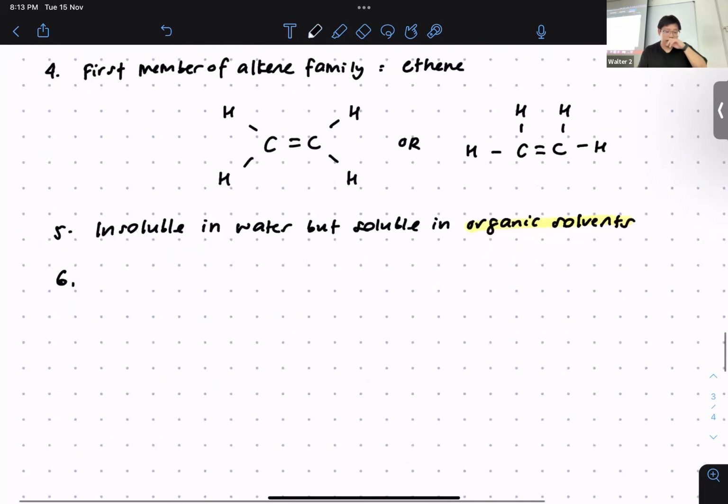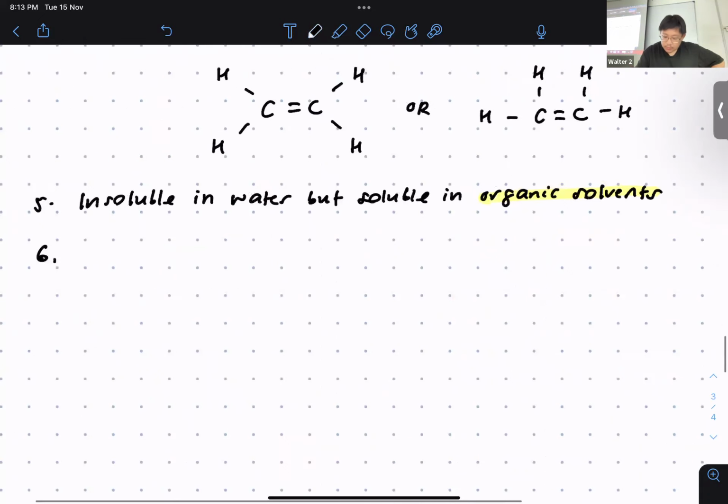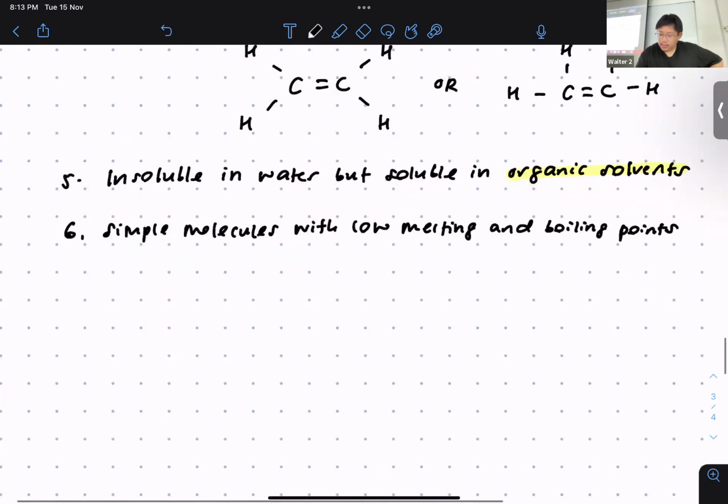Simple molecules with low melting and boiling points. Why do they have low melting and boiling points?